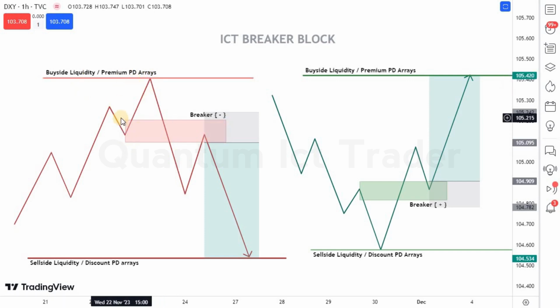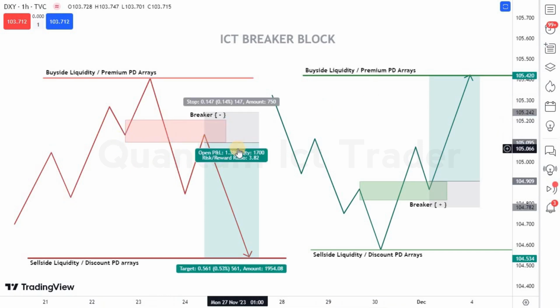Then the first down close candle before that up move becomes an ICT bearish breaker block, and at a later time when price comes to this level you could expect price to respect that level and take a trade like this.